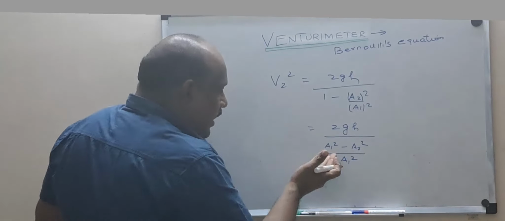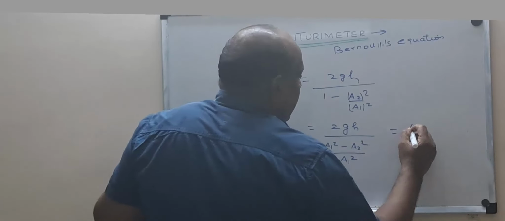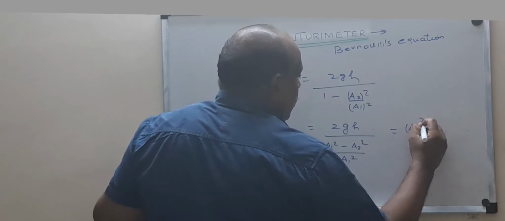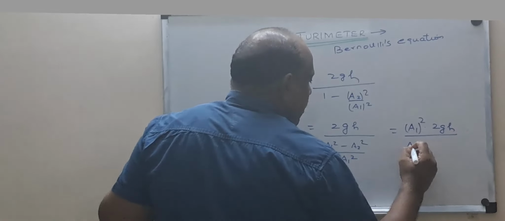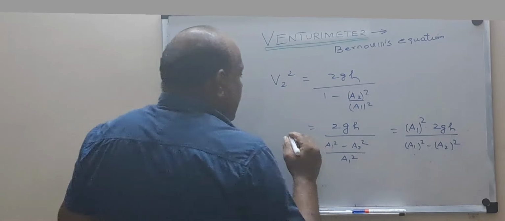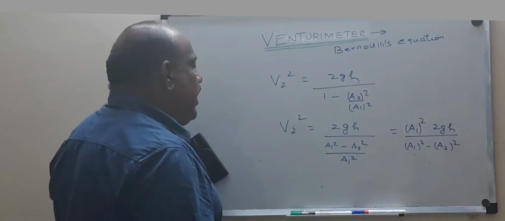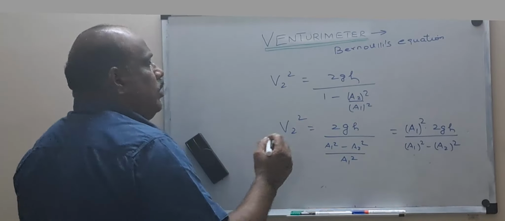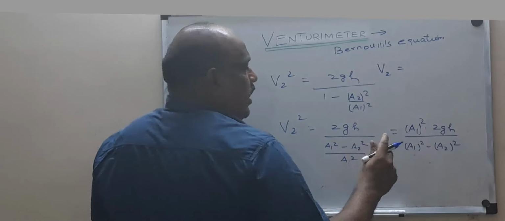I can take this A1 squared to the numerator. So it becomes A1 squared into 2GH by A1 squared minus A2 squared. The left hand side is my V2 squared. I want to find only V2. So from this, what is V2, Tarni?